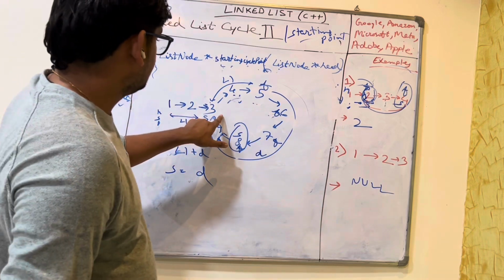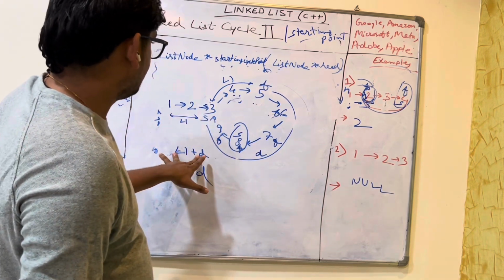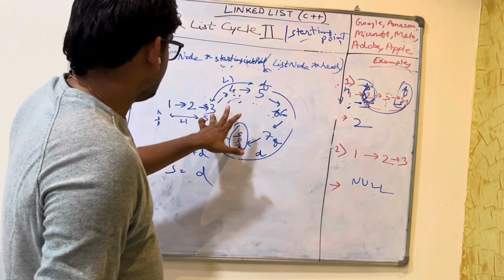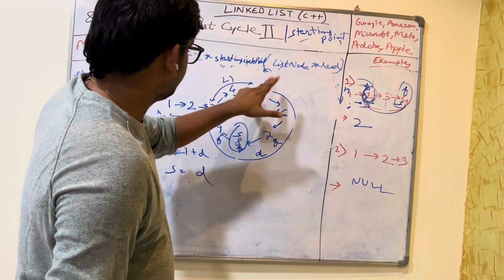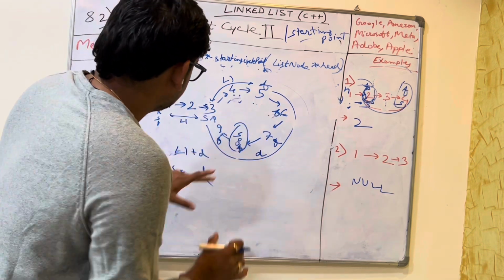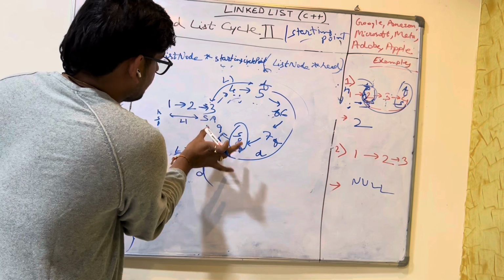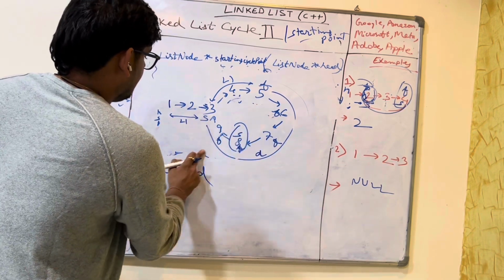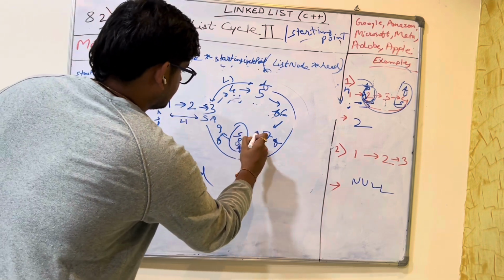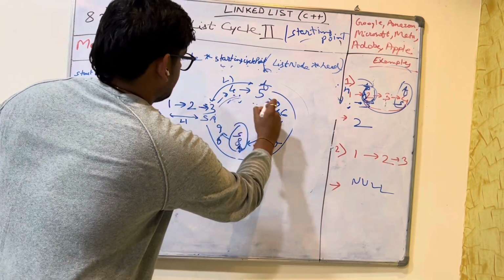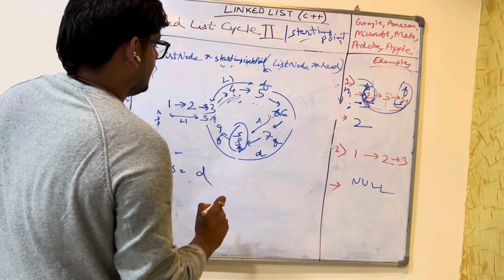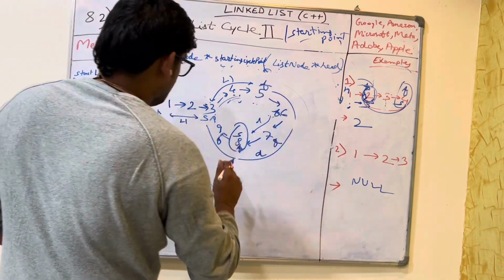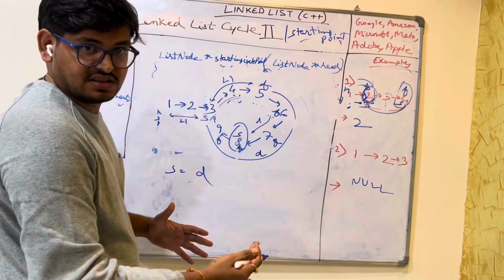You can see here that this whole length is L1 plus D, and when S moves, it moves here and meets here. So S actually covers D distance, right? From here to here, S covers D distance, and F covers 2D distance, double of this, right?